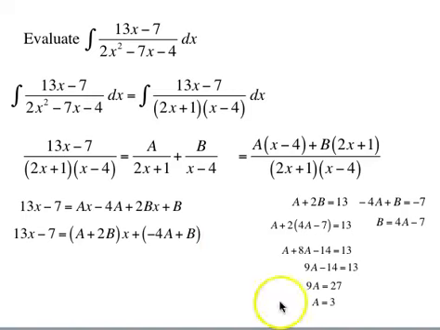And A is 3. And then we plug that 3 in up here to get B is 4 times 3 minus 7. B is 12 minus 7. B is 5. So we have rewritten (13x minus 7) over (2x plus 1)(x minus 4) to be A, 3 over 2x plus 1, plus B, 5 over x minus 4.